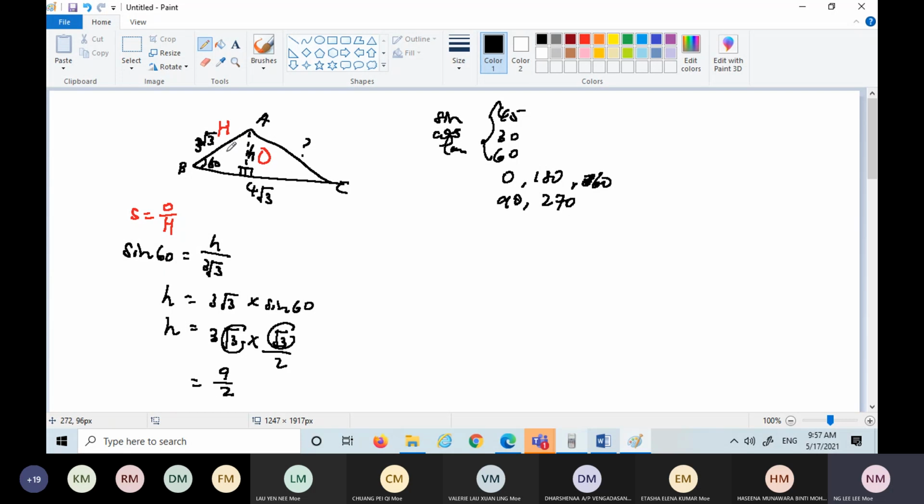You all know how to identify which one is opposite, which one is adjacent, which one is hypotenuse? The hypotenuse, the capital letter H, is opposite the right angle. Teacher, I thought 4 square root 3 is longer than 3 square root 3.